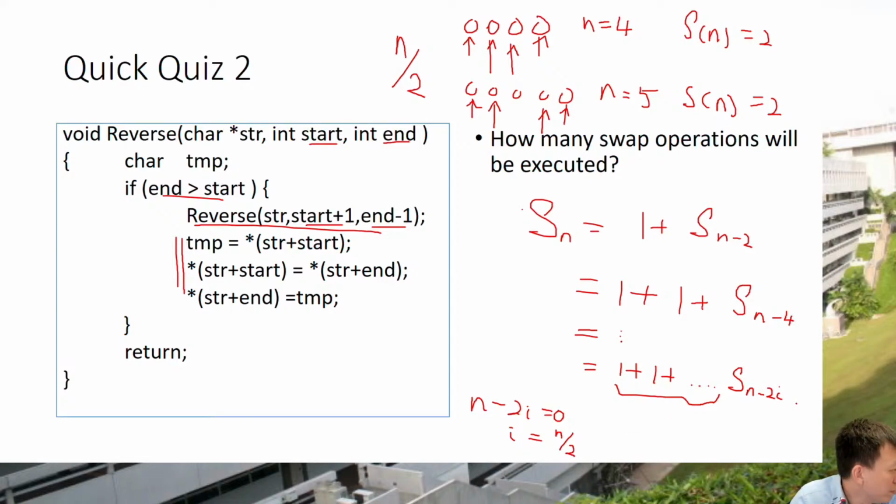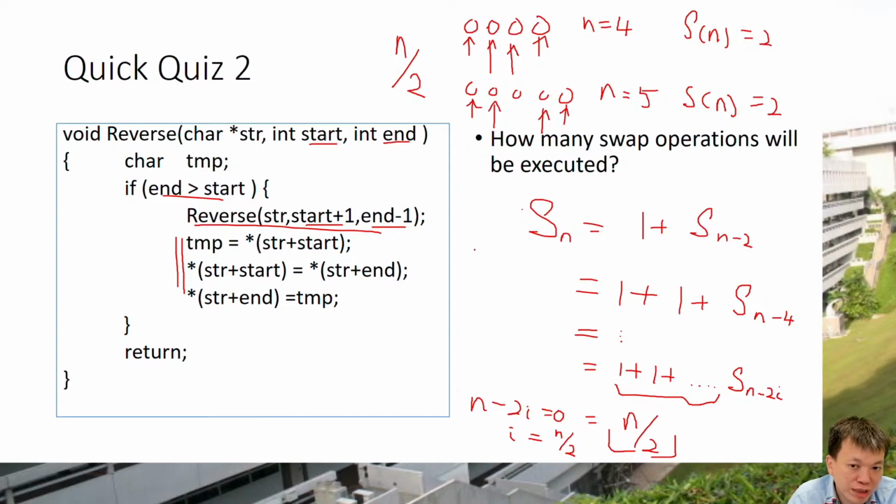Yes, most of the people got this, but you need to consider that n can be an odd number and can be an even number. So in the end you can find that actually it is the floor function. For an even number you get 2, but for 5 divided by 2, you get 2.5, and the answer should be 2. So you can observe that it is a floor function.